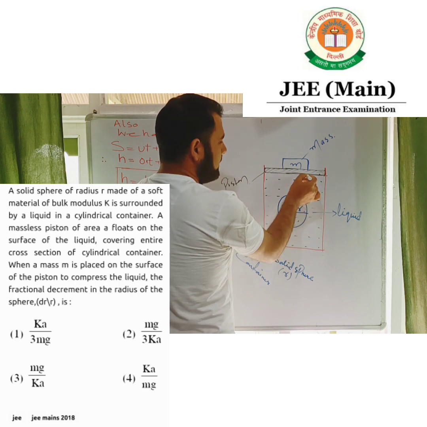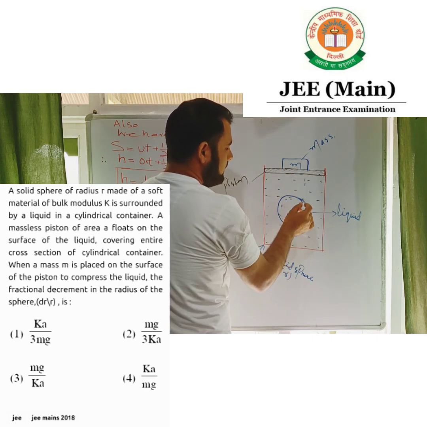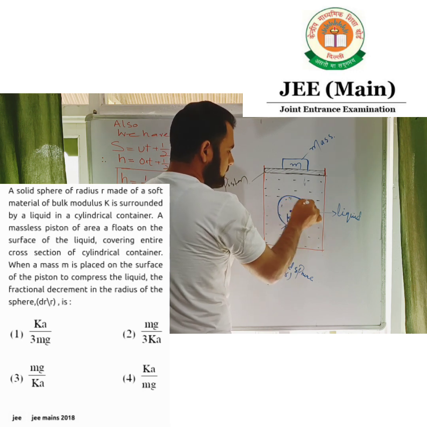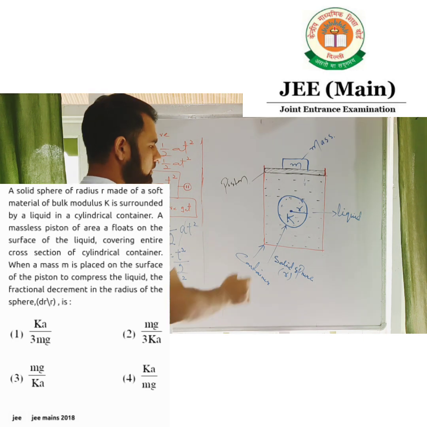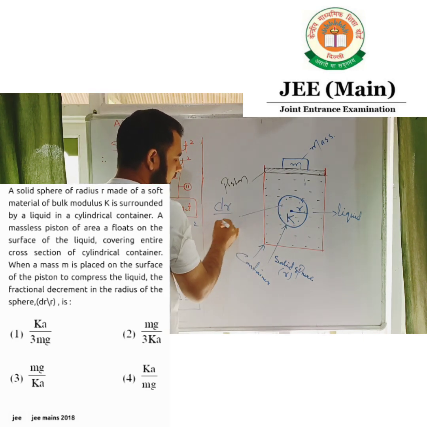The liquid gets compressed. Obviously the liquid gets compressed, and we have been asked here, what is the fractional decrease in the radius of this solid sphere? So the question asks for the fractional decrease dr by r.